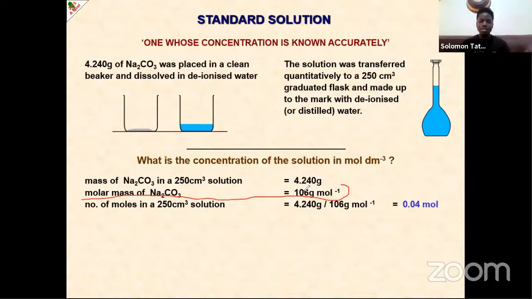The total it gives you is 106 grams per mole. That will be our molar mass. So far, that means we have the mass of sodium carbonate in 250 cubic centimeters, and then we can find the number of moles very easily.